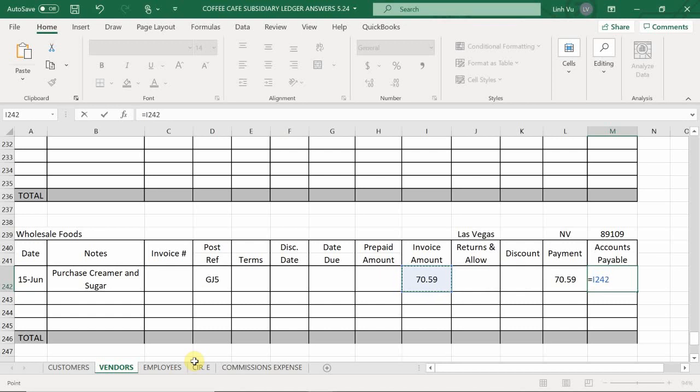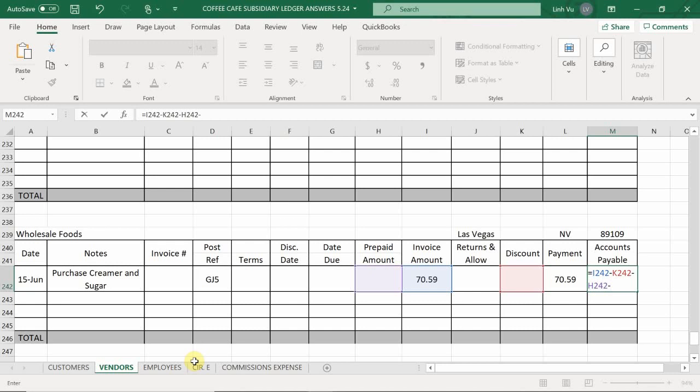What are things that are going to be taken away from the invoice amount? Your discount. Your prepaid amount.